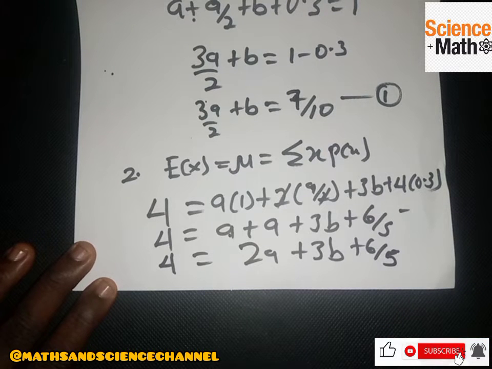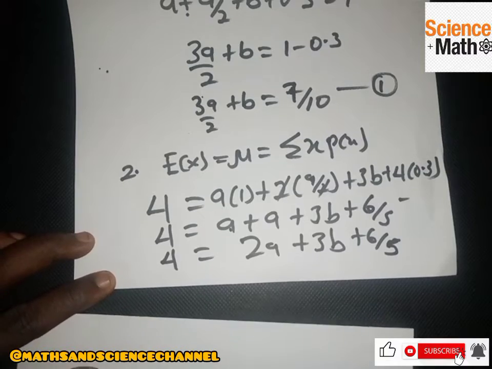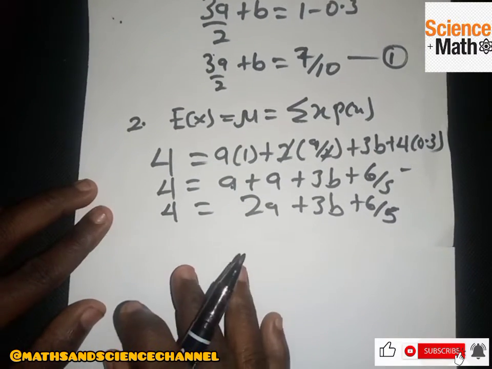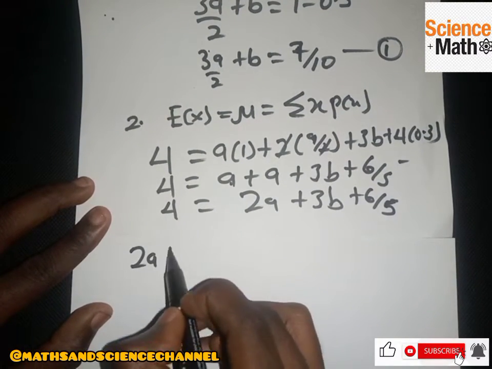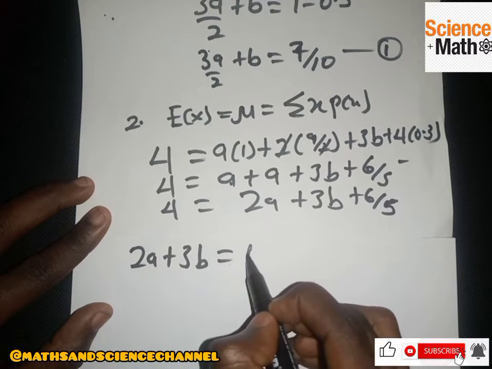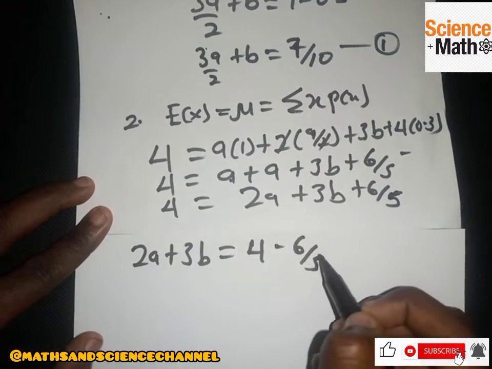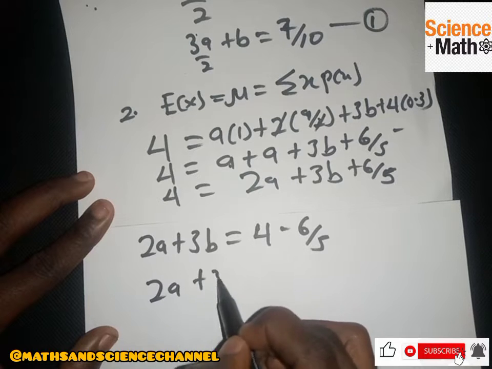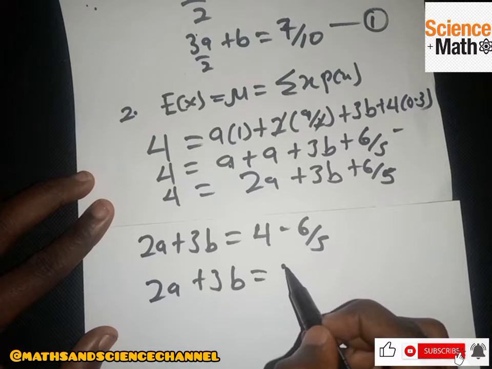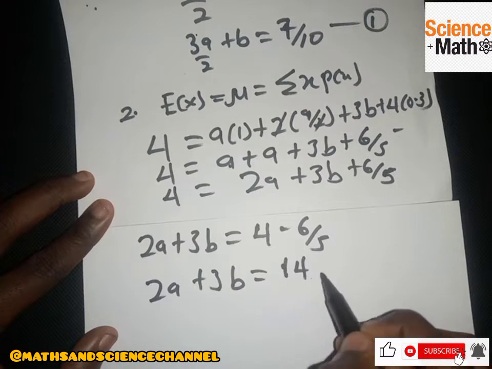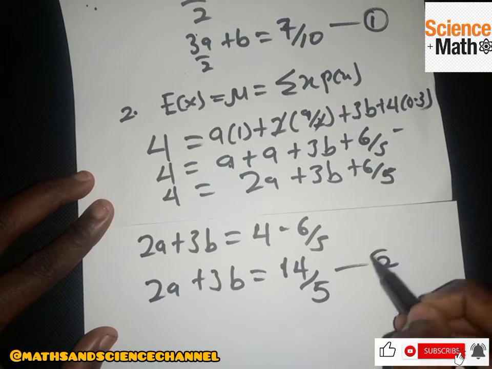Now let's group like terms. When we group like terms, we have 2a plus 3b being equal to 4 minus 6 over 5, and then 2a plus 3b being equal to 14 over 5. Let's call this one equation 2.